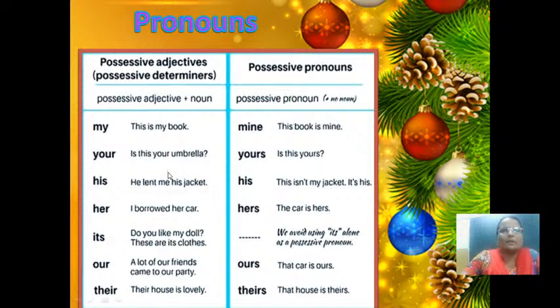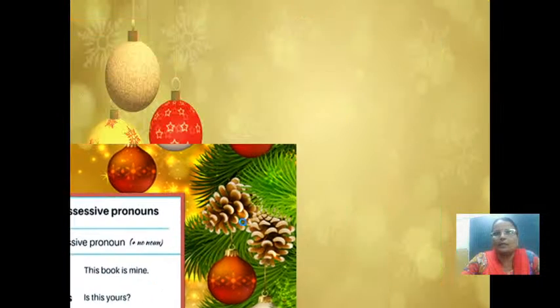So I hope, students, you understood that after a possessive adjective there is a noun, after a possessive pronoun there is no noun. Moreover, I told you a hint from my side, a clue, that other than the possessive pronoun mine, for all other possessive pronouns you will find an s at the end.